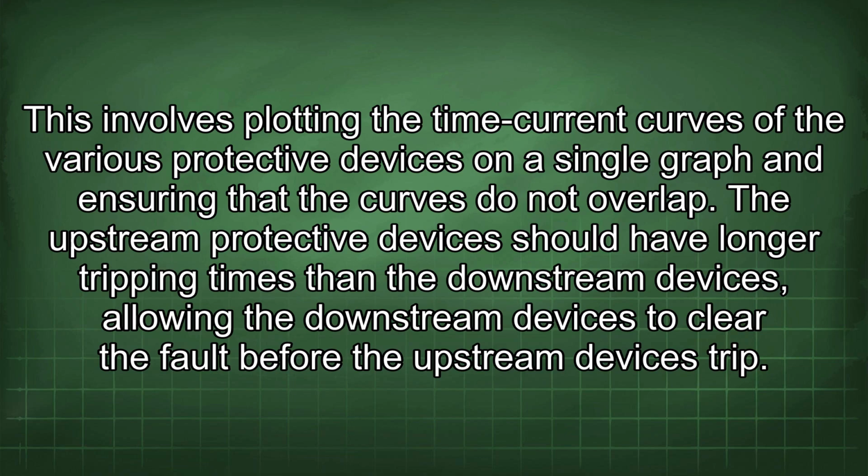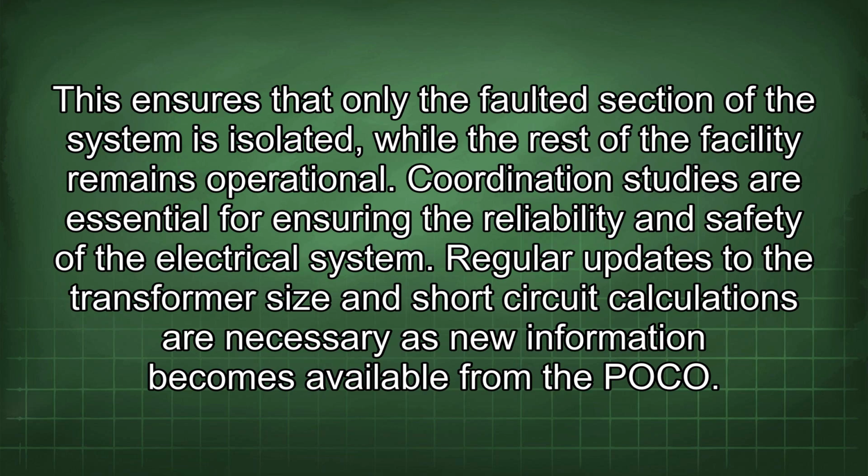The upstream protective devices should have longer tripping times than the downstream devices, allowing the downstream devices to clear the fault before the upstream devices trip. This ensures that only the faulted section of the system is isolated, while the rest of the facility remains operational. Coordination studies are essential for ensuring the reliability and safety of the electrical system.